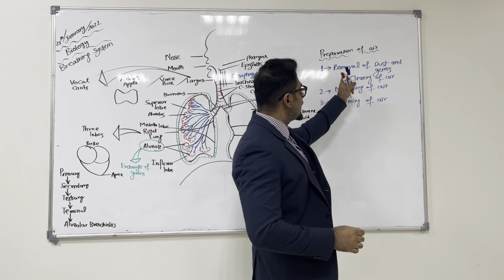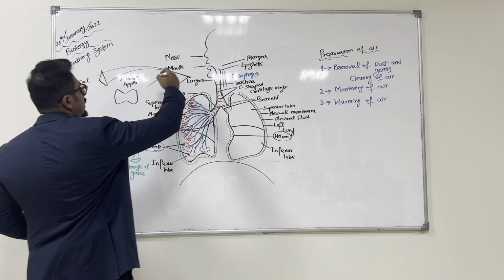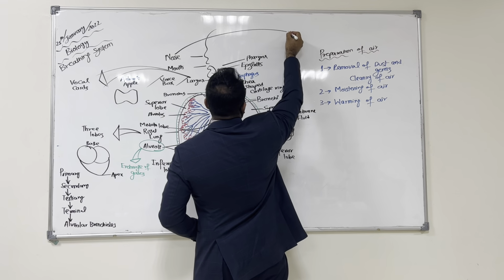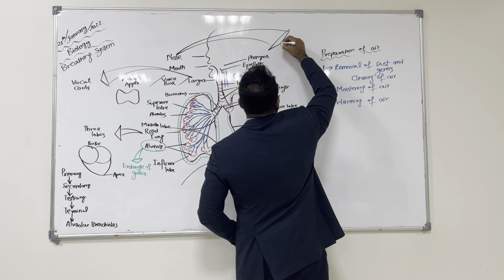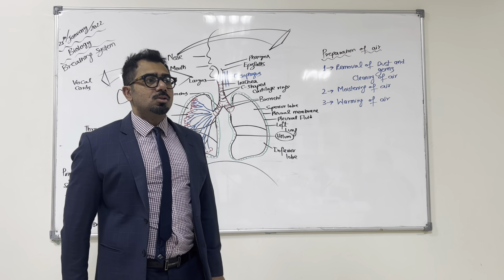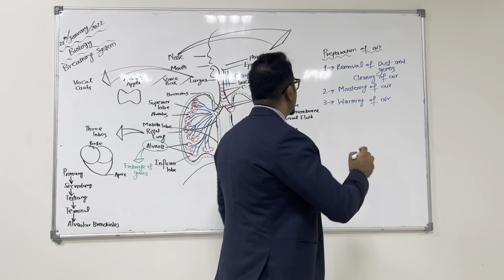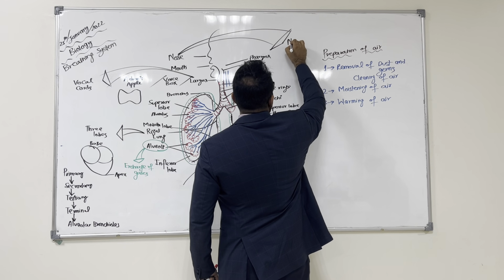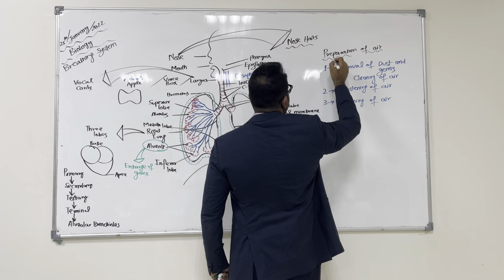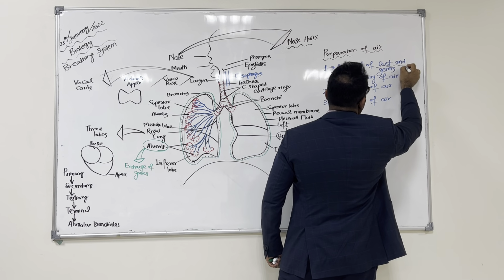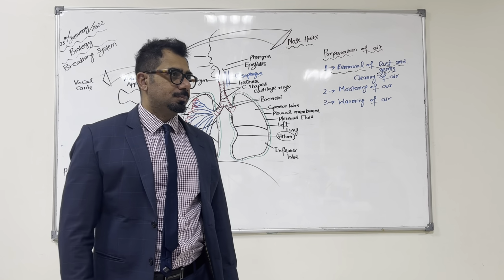Now for better understanding, let's talk about the nose. First of all, you guys know that in the nose we have nose hairs. Do you know this or not? Yes. Right? So these nose hairs are the first line in cleaning the air.